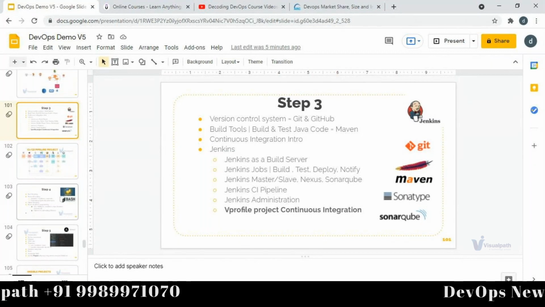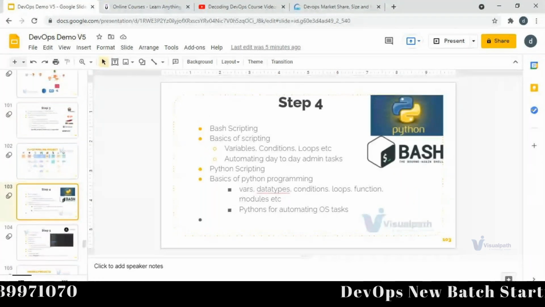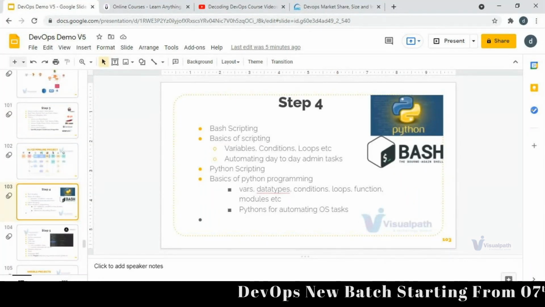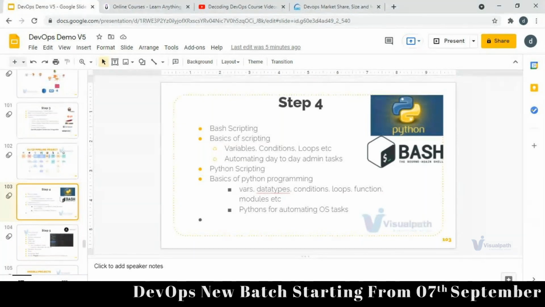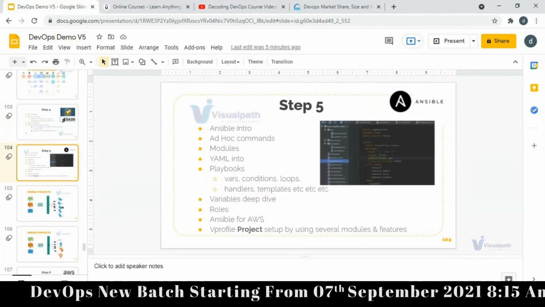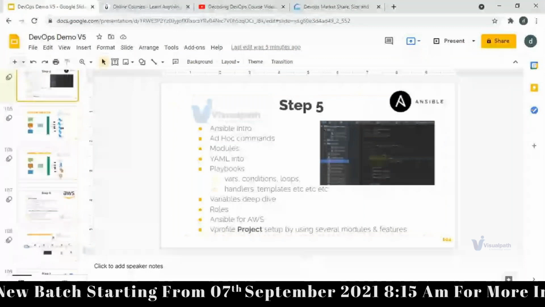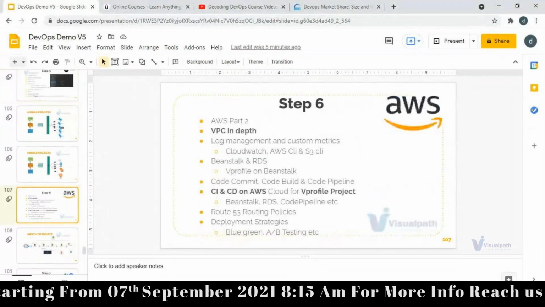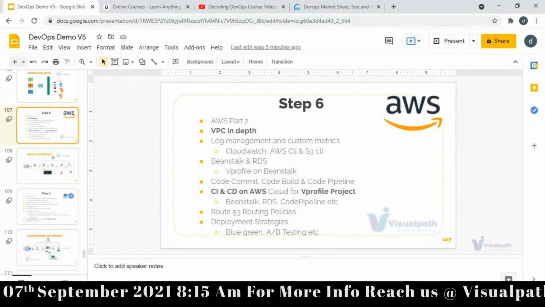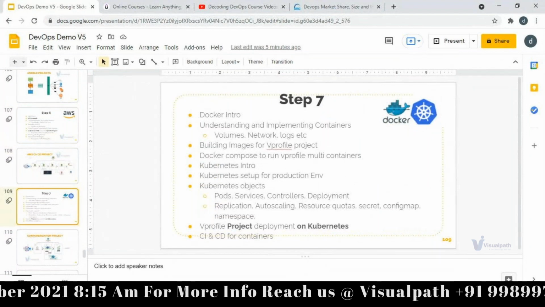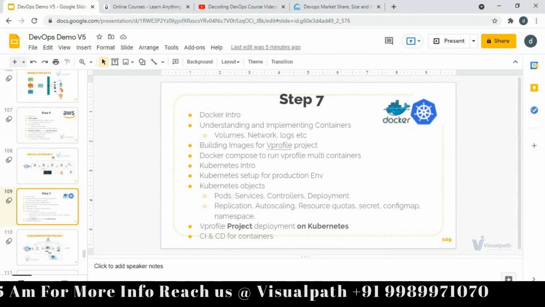Then we have scripting, both Bash and Python scripting, which will also take a long time together. Ansible is going to take a very long time. And then of course AWS, then Docker, Kubernetes. Seriously, there is no weightage I can give you of what I'm going to cover more or less.